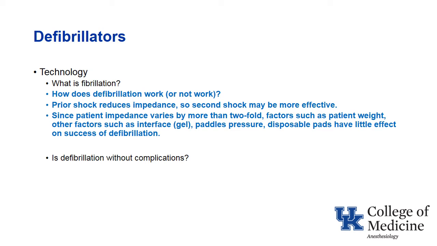So to reiterate, a prior shock reduces impedance, so a second shock may be more effective. And since patient impedance varies by more than twofold, factors such as patient weight and the interface and paddle pressure and the use of disposable pads have little effect on the success of defibrillation as compared to patient impedance itself.